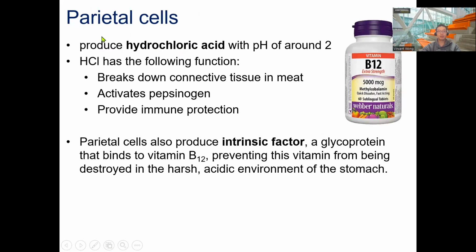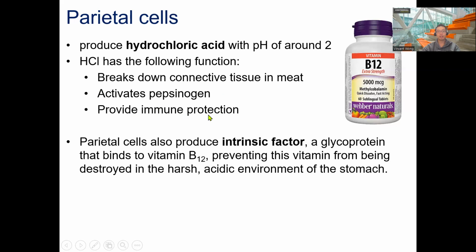Okay. So the pH is about 1.5 to 2, right? Depending on the person, really, and depending on what you're eating in some cases, the acid pH could fluctuate a little bit. And the main function of HCl is to break down connective tissue, right? That's a physical type of digestion. Activates pepsinogen, right?